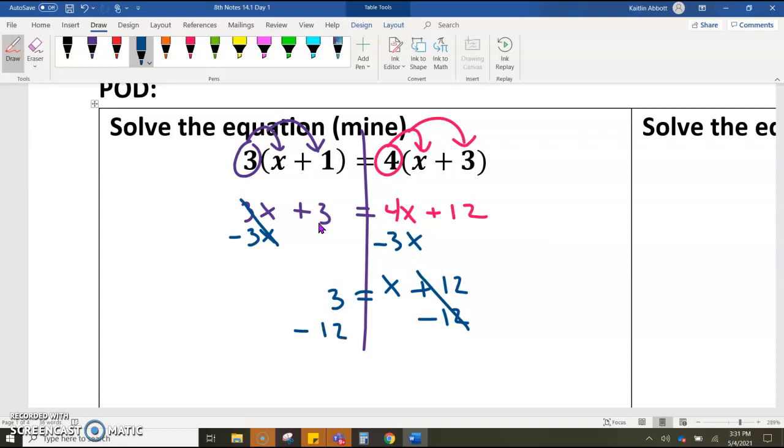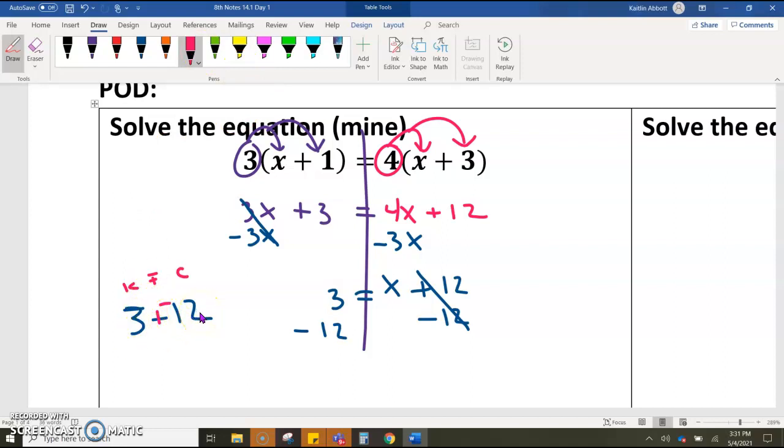Ooh, 3 minus 12. If you don't like looking at it like that, we can write it to the side. We got 3 minus 12. So we can do keep, flip, change. Now I got 3 plus negative 12.